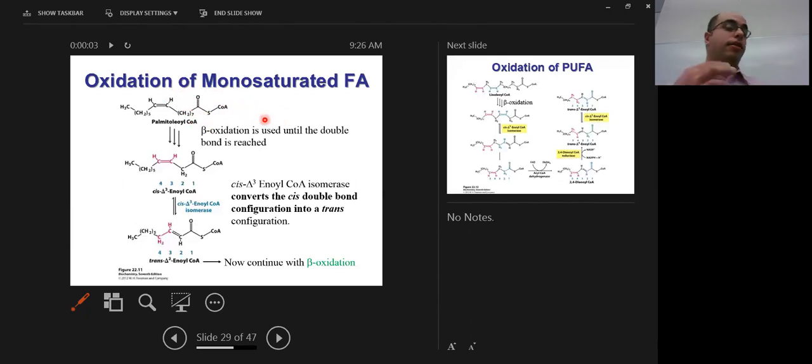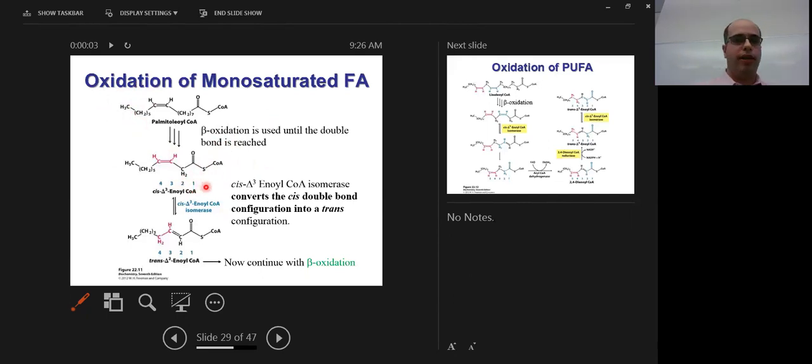Now this occurs in the mitochondria, so all the enzymes involved in beta oxidation are already there. The fatty acid that has the double bond doesn't have to be transported anywhere. It can stay put in the mitochondria. Instead, it will take its own little scenic route back to becoming a saturated fatty acid. We have this double bond, which we will act on with an enzyme called cis-delta 3-enoyl-CoA isomerase.